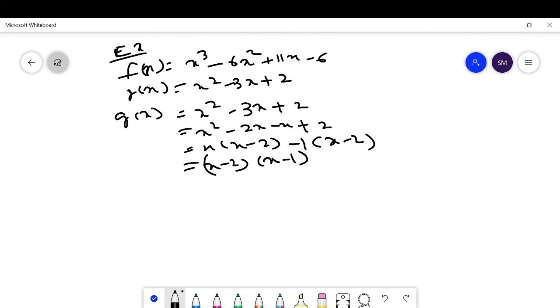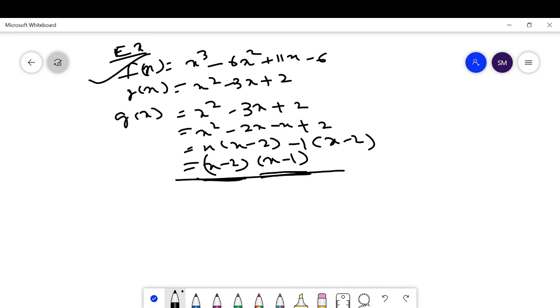When is g(x) completely divisible by f(x)? When x minus 2 and x minus 1 both are factors of f(x).